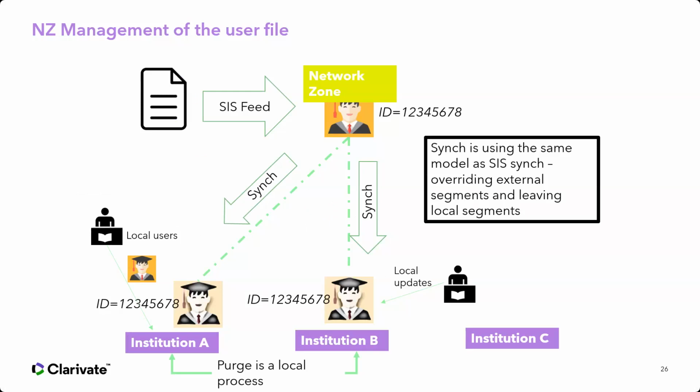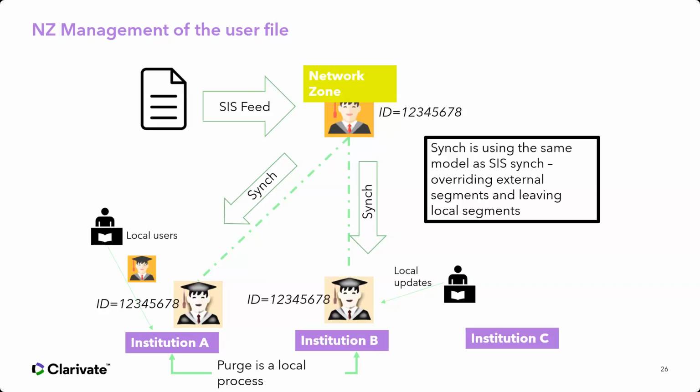Maybe related to his or her question: when the synchronization occurs, are those considered external users or internal users at the member institutions? Anything that is pulled from the network zone are external accounts at the institution.